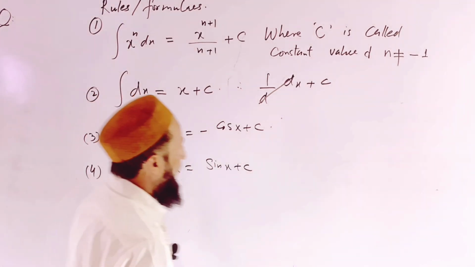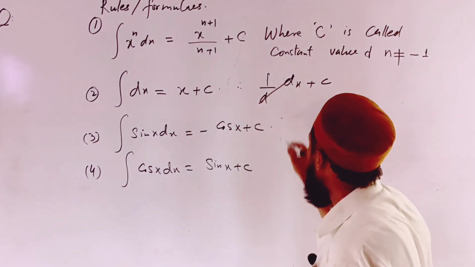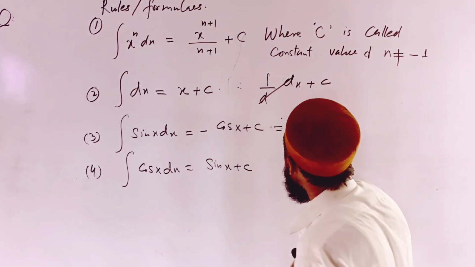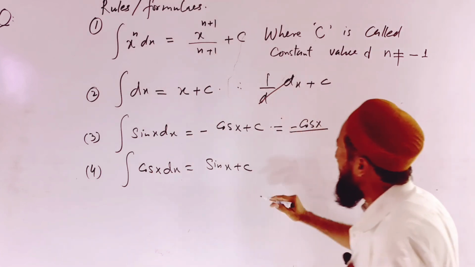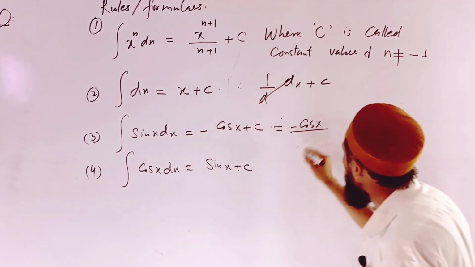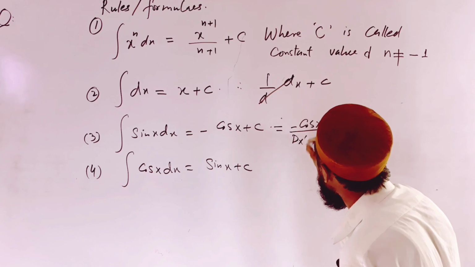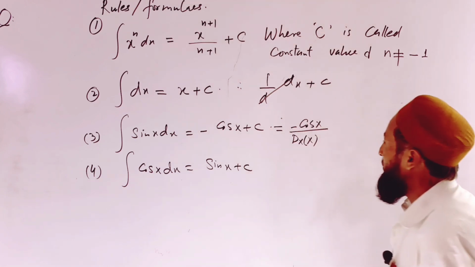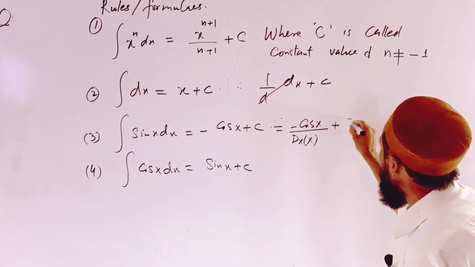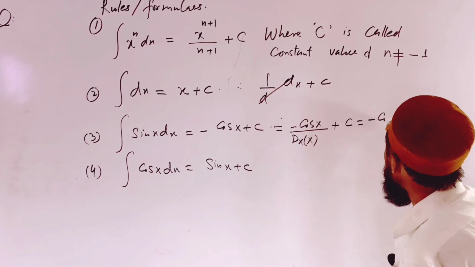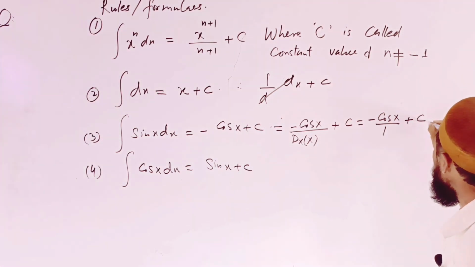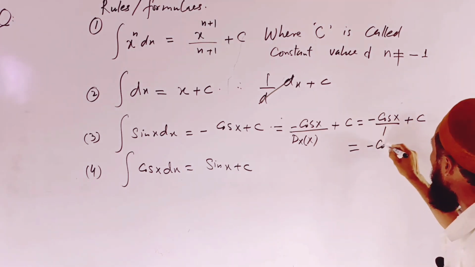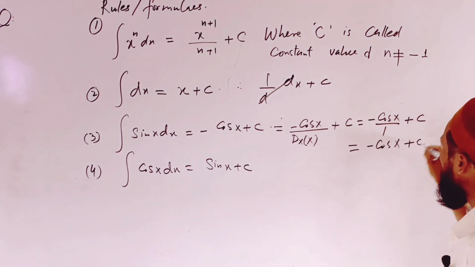Further, I define one step in this. In the denominator we also take the derivative with respect to x. So minus cos x, and the derivative of x is equal to 1, plus c. So the result is minus cos x plus c.